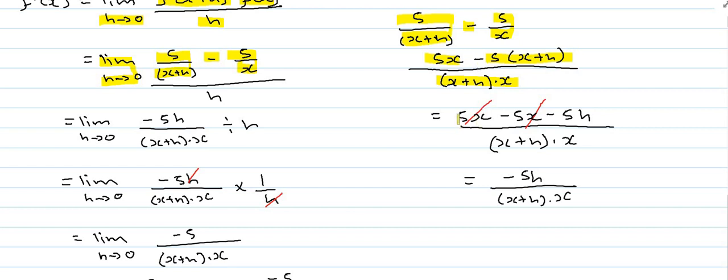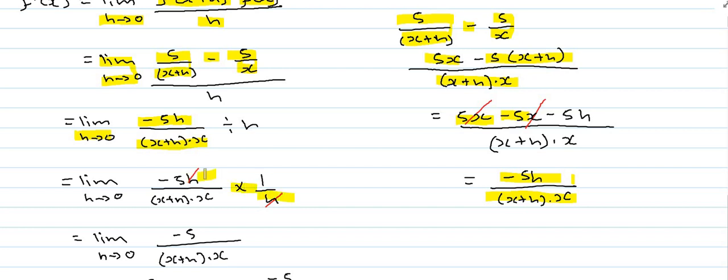When we simplify it, 5x cancel out negative 5x, we are left with negative 5h over x plus h multiplied by x. Then we took it to substitute it to say the limit as h approaches 0, negative 5h divided by x plus h, all divided by x over h, so that we can change the division sign to become multiplication, which is 1 over h.